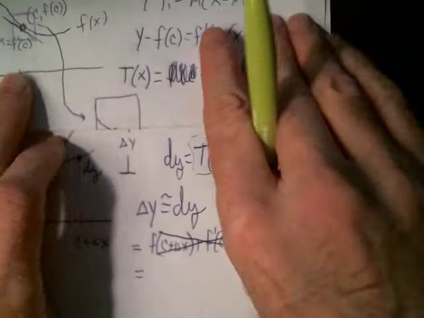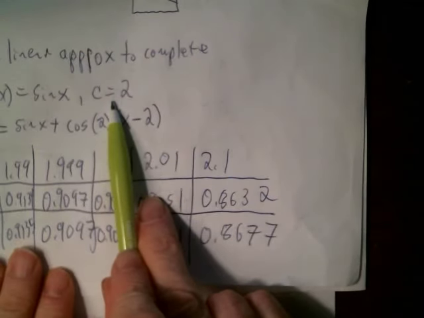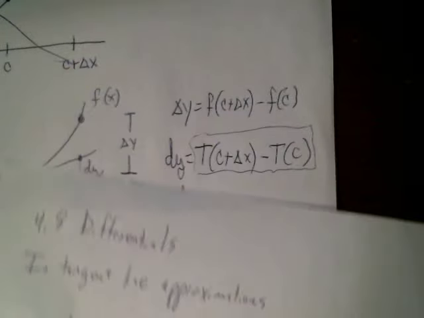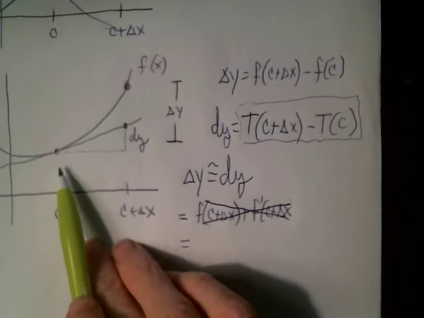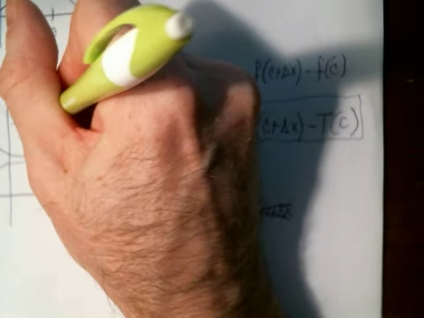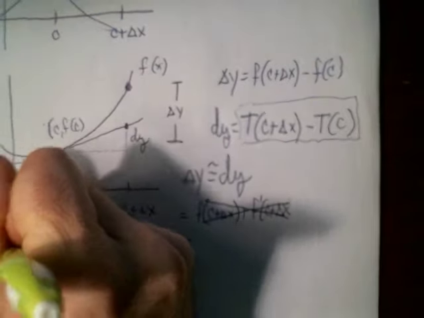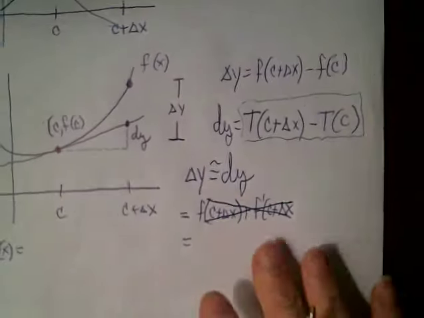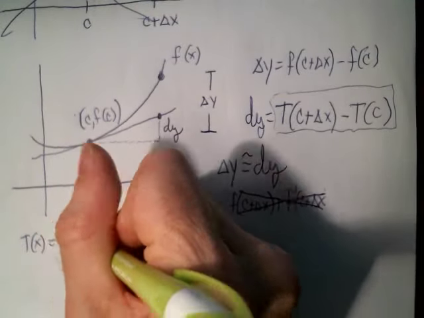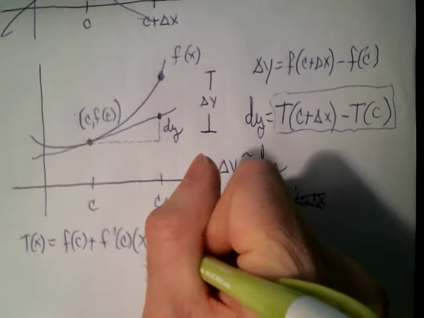So my tangent line, remember in this example, we could kind of locate the tangent line at any x value we want. And in this case, we're putting our tangent line at c. So we're basing the formula for our tangent line off of this point c comma f of c. So our t of x formula is going to be f of c plus f prime of c times x minus c.